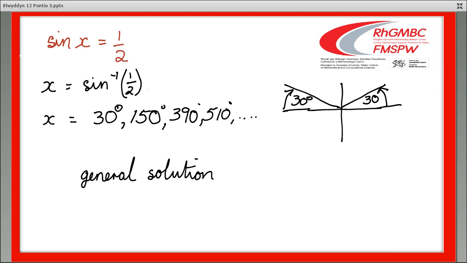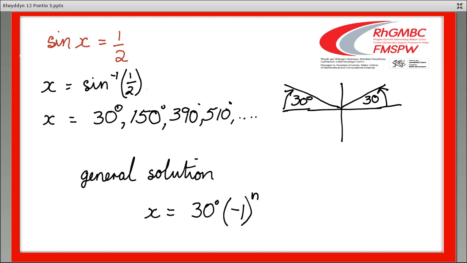Now what we've got is x equals, now I'm going to write it this way, 30 degrees times, and then in brackets, minus 1 to the power of n. So think about it this way.